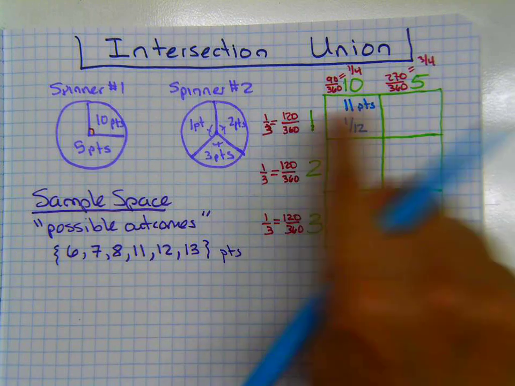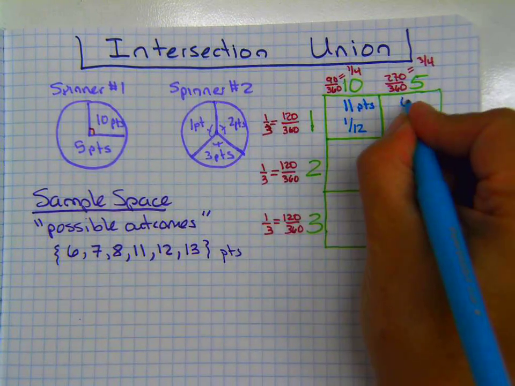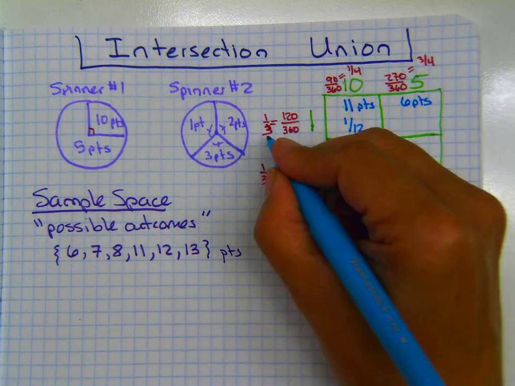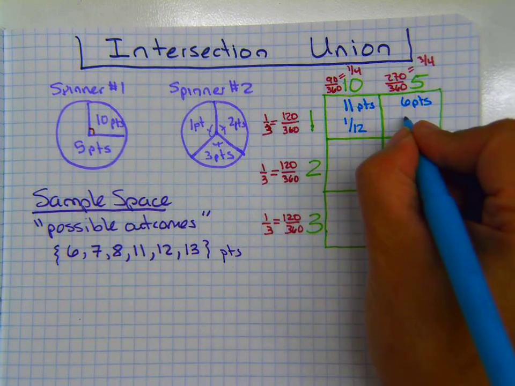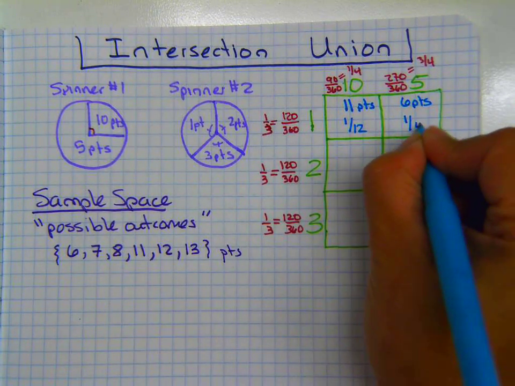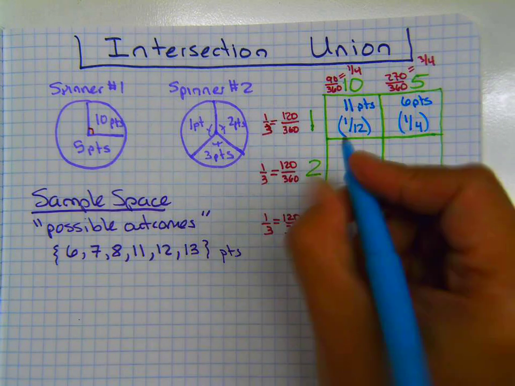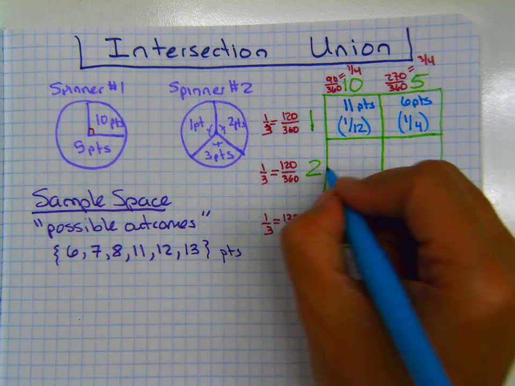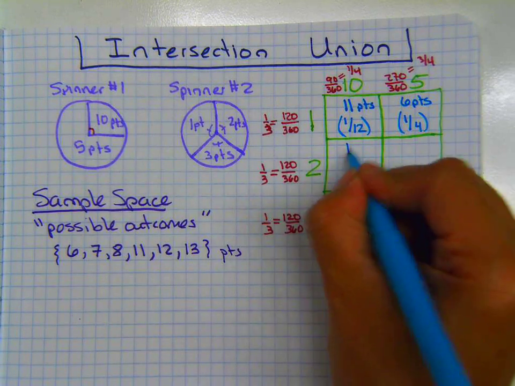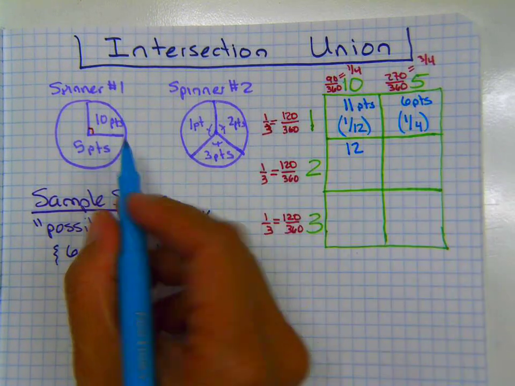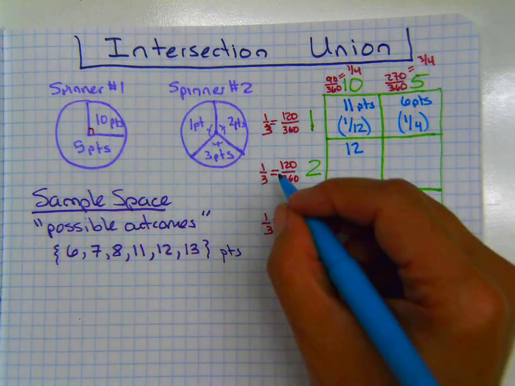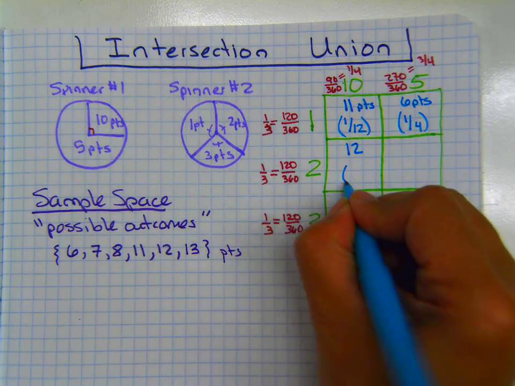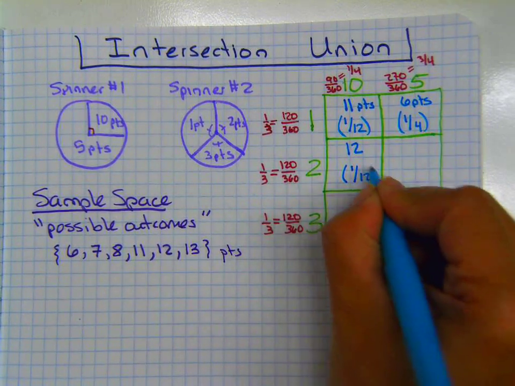To get a total of 6 points, the 5 and the 1, it's going to be 3/4 times 1/3, which reduces down to 1/4. I'm going to put little parentheses around these. You don't need to, but just to keep it separate. 10 plus 2 is 12. The reason why I'm adding it is, remember I said we're going to add the points together, but the probabilities get multiplied. So that's going to be 1/12.